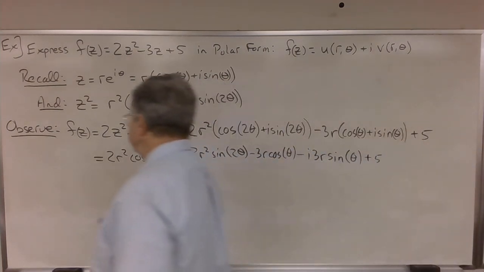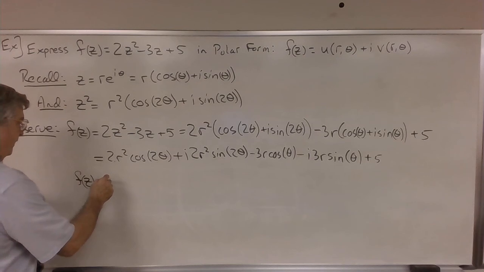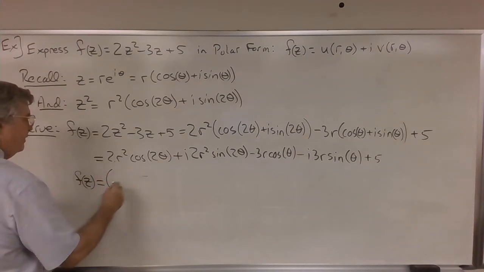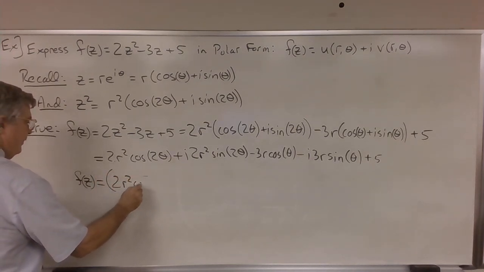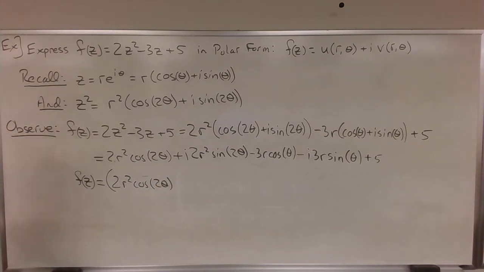Okay, now I can clearly write this in terms of a real and imaginary part. So I have 2r squared cosine of 2 theta. That's definitely real.